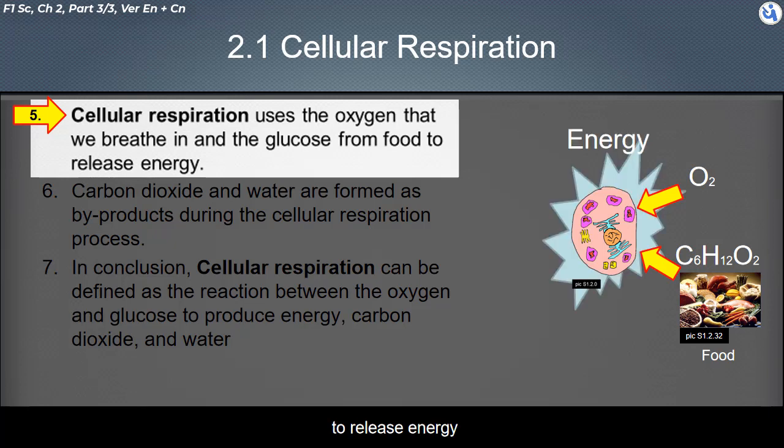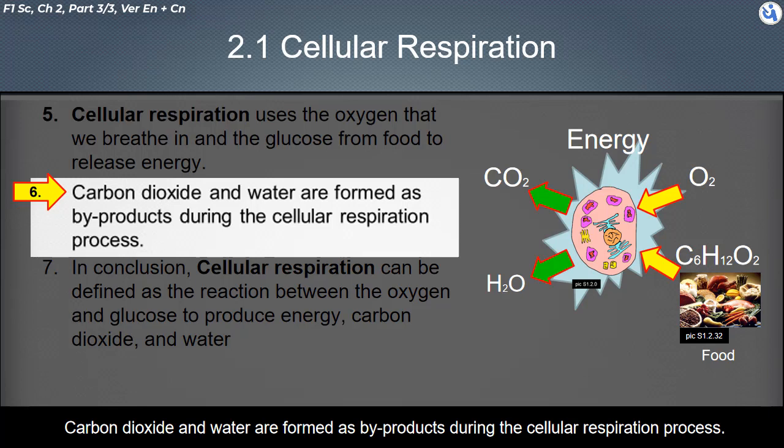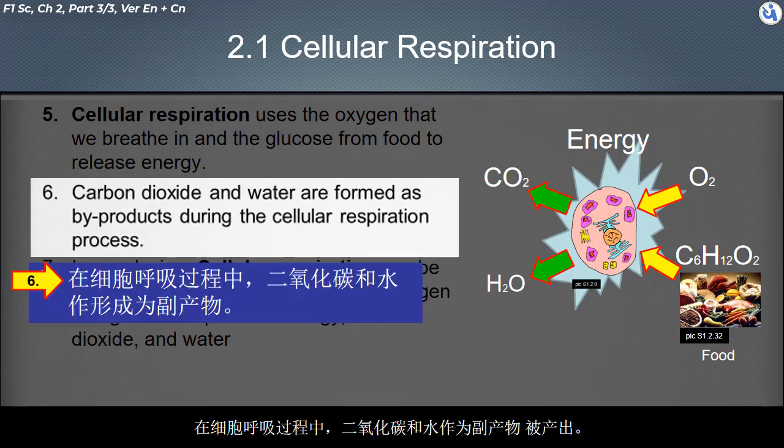Cellular respiration uses the oxygen that we breathe in and the glucose from food that we have taken to release energy. Carbon dioxide and water are formed as byproducts during the process.